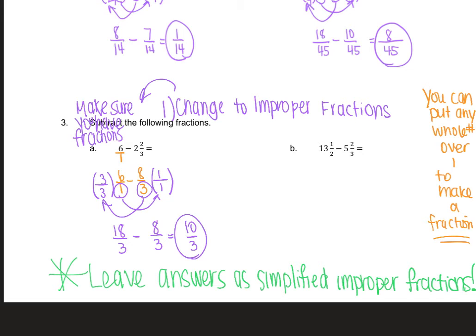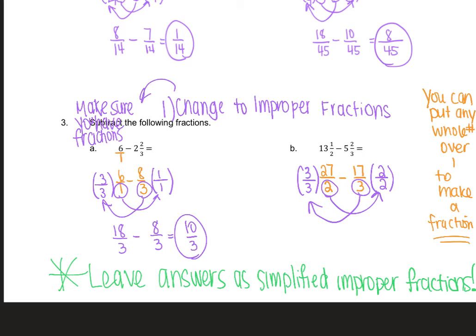For letter B, we're going to turn them into improper fractions. So I have 2 over 1, I lied, 27 over 2, minus 17 over 3. I don't have common denominators, so I'm going to set up those parentheses. I'm going to bring the 2 over, I'm going to bring the 3 over. 3 on top and bottom, 2 on top and bottom.